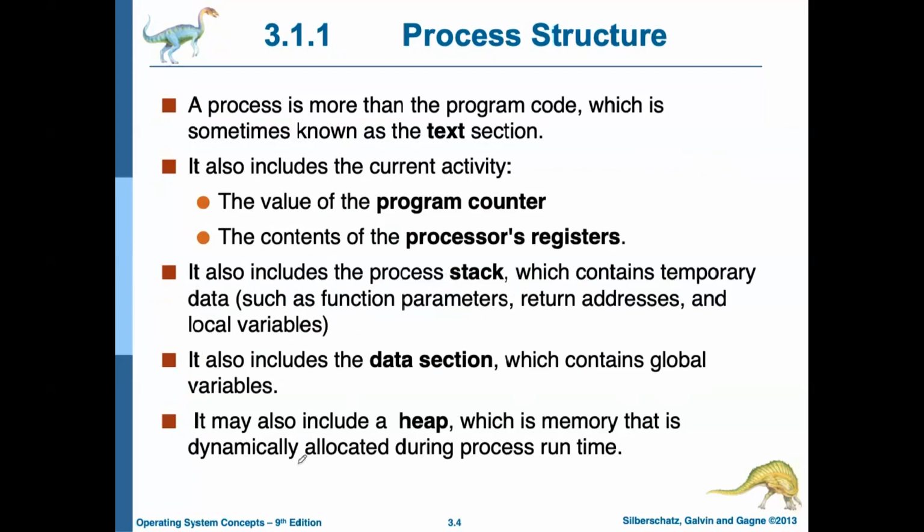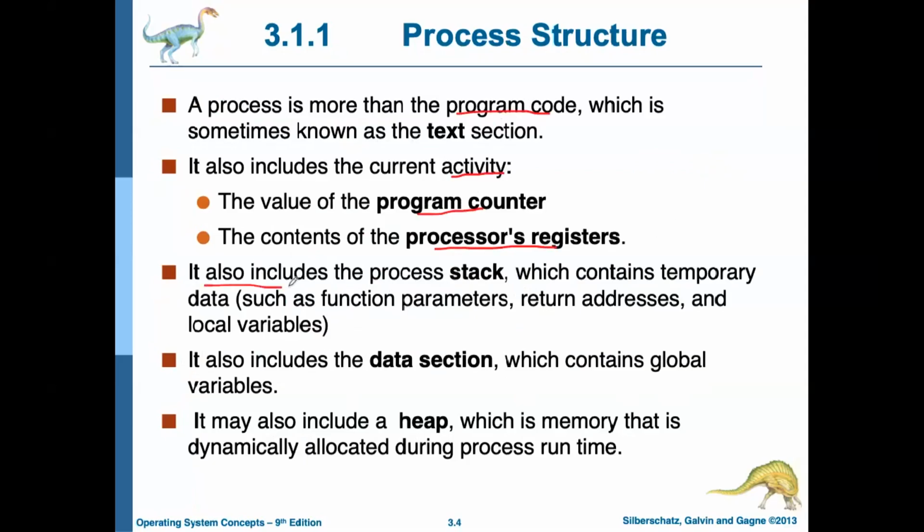Next, the process structure. A process is more than the program code, which is sometimes known as the text section. It also includes the current activity, for example the value of the program counter and the contents of the processor's registers.